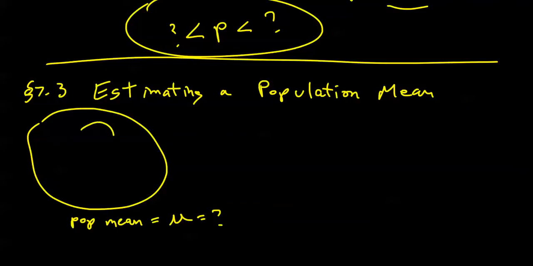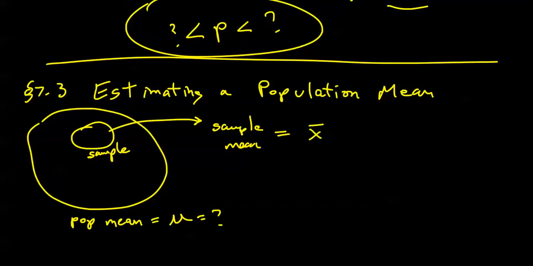Well, what's the next best thing? The next best thing is to take a more manageable sample, and from a sample we can compute a sample mean. The notation for sample mean is x bar.